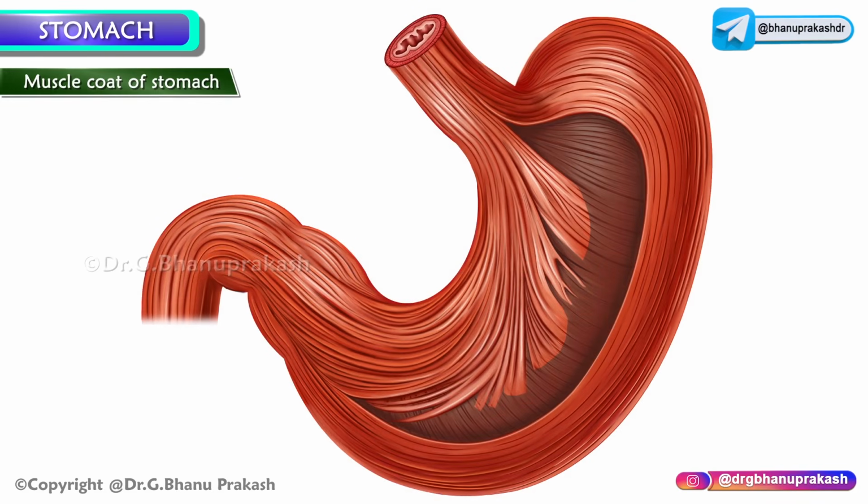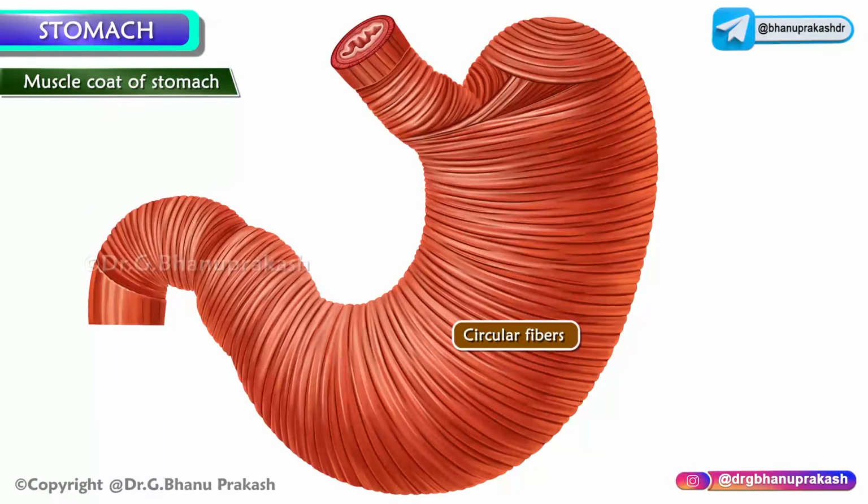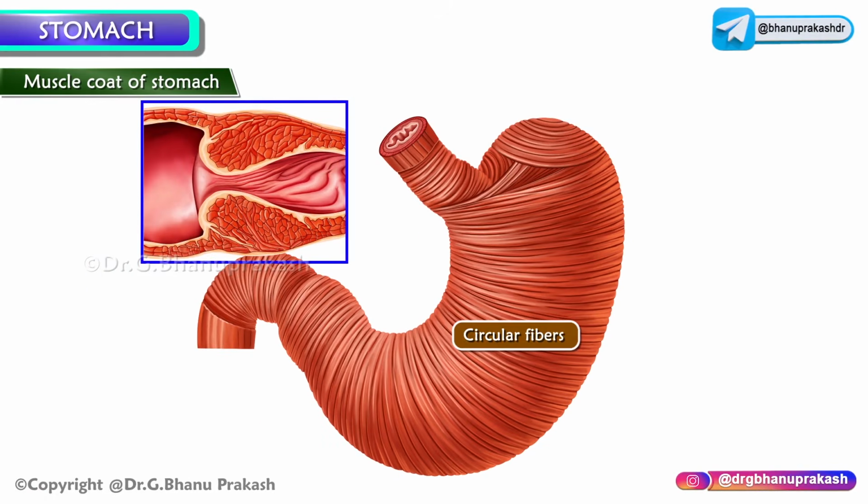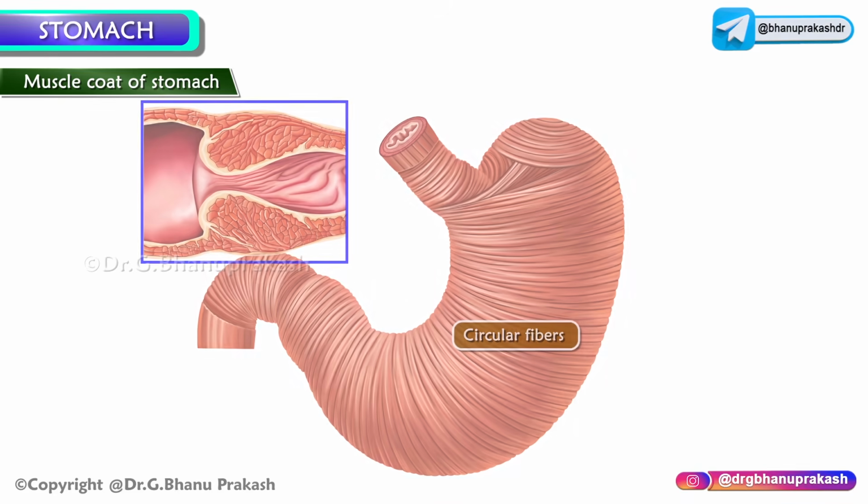Most superficial fibers are longitudinal in nature, and they are mainly along the curvatures. And next, inner circular fibers encircle the stomach, and they are thickened at the pylorus mainly to form the pyloric sphincter.